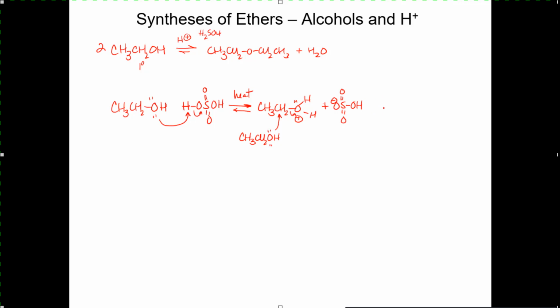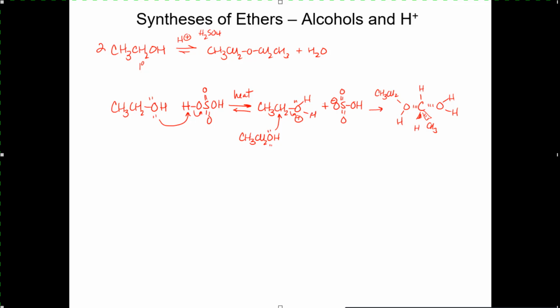So that transition state then would look like this. We would have our carbon partially bonded to the leaving group, which is the water, partially bonded over here to the ethanol that's coming in, and then there'd be two hydrogens, and then a CH3 group on a dashed wedge.